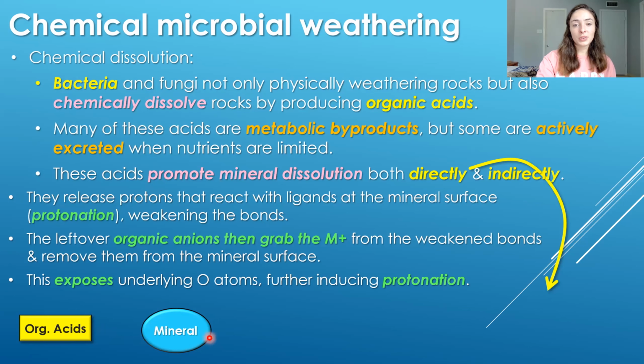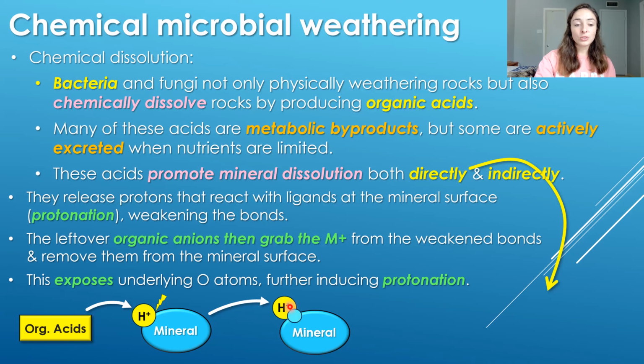So here we have a mineral and we have organic acids here. Well, these organic acids can release protons that react with the ligands at the surface of the mineral in a process called protonation, and this weakens the bonds at the surface of the mineral. So it kind of loosens those atoms or molecules right there at the surface of the mineral.